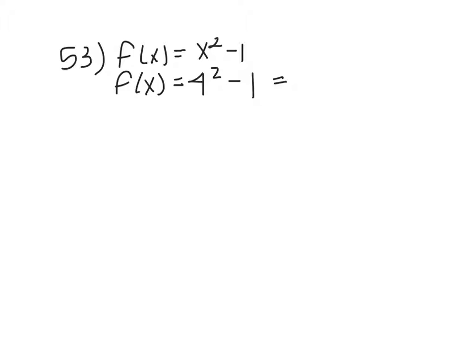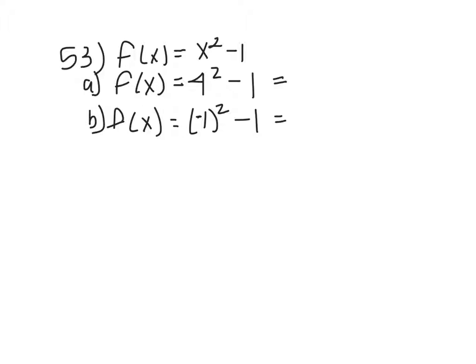For B, because that was A, it says, now find out what happens if we plug in negative 1. What is negative 1 times negative 1? If you're not sure, plug it into your calculator. And then subtract 1.